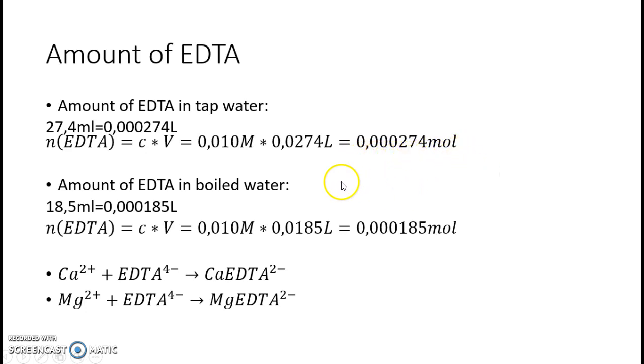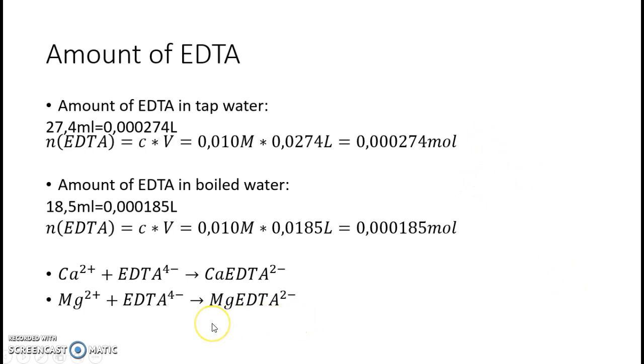We do the exact same with the EDTA in the boiled water. We can see that the number is a bit lower. It is 0.000185 moles, and that is because there are fewer calcium ions in the boiled water than in the tap water.